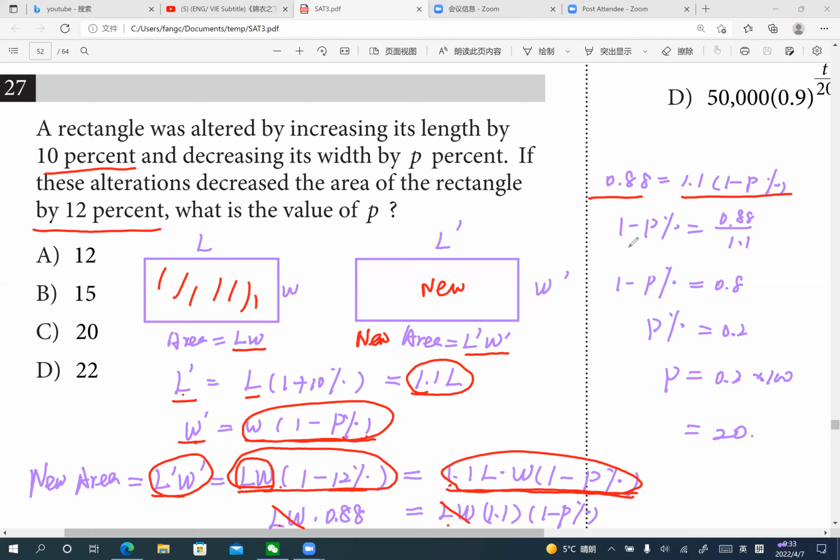So 1 minus p% should be equal to 0.88 divided by 1.1, which is 0.8. So p% should be equal to 1 minus 0.8, which is 0.2. So p should be equal to 20. So for question 27, we should choose option C.